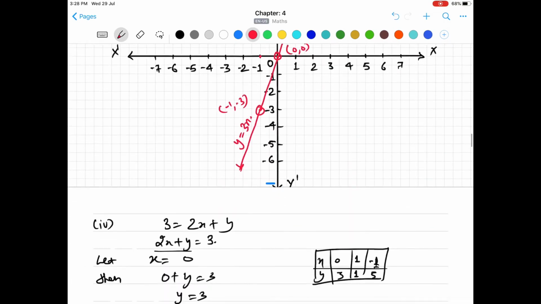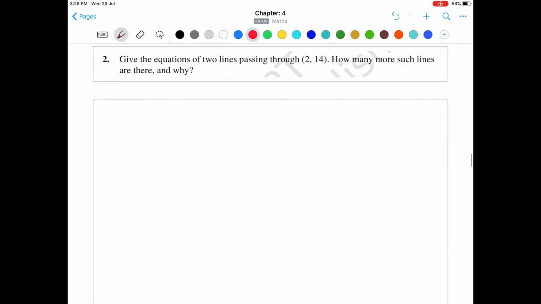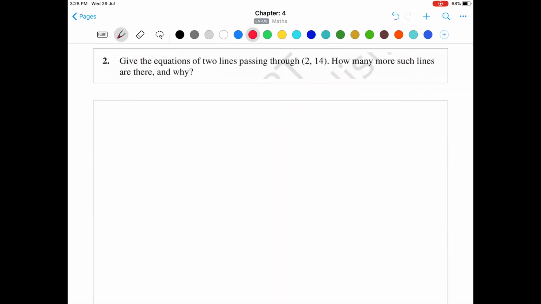It says, give the equations of two lines passing through 2 and 14. How many more such lines are there and why? Okay, so we are given a point.